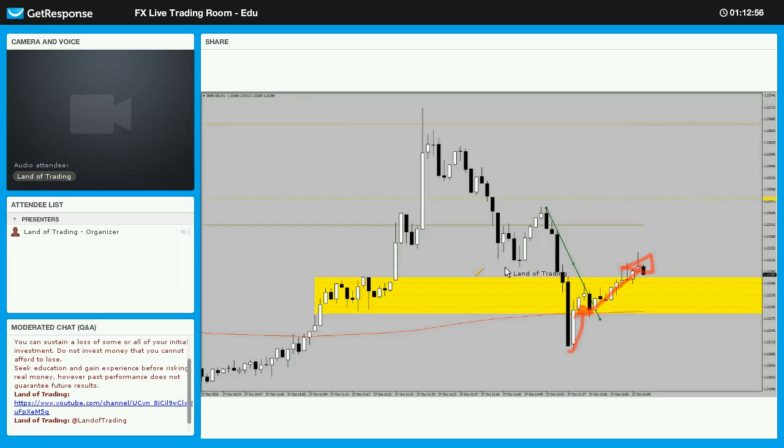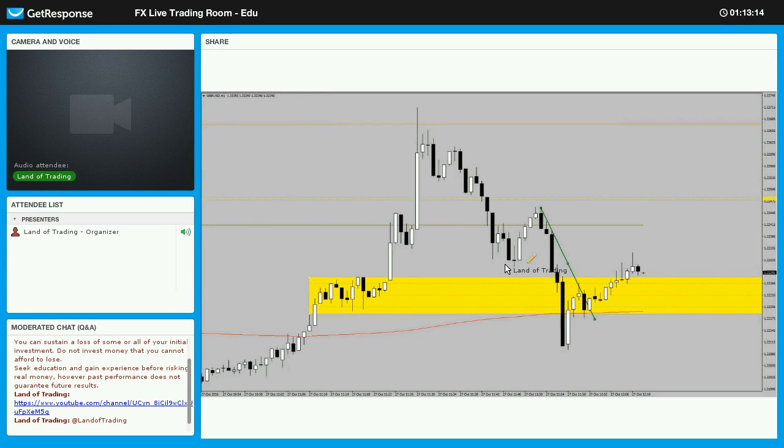So let's see how the situation will develop here on pound, and still we may have a chance to try to buy, but then again 2240 is a level to watch to the upside here, and around 2220 is a level to watch as well.